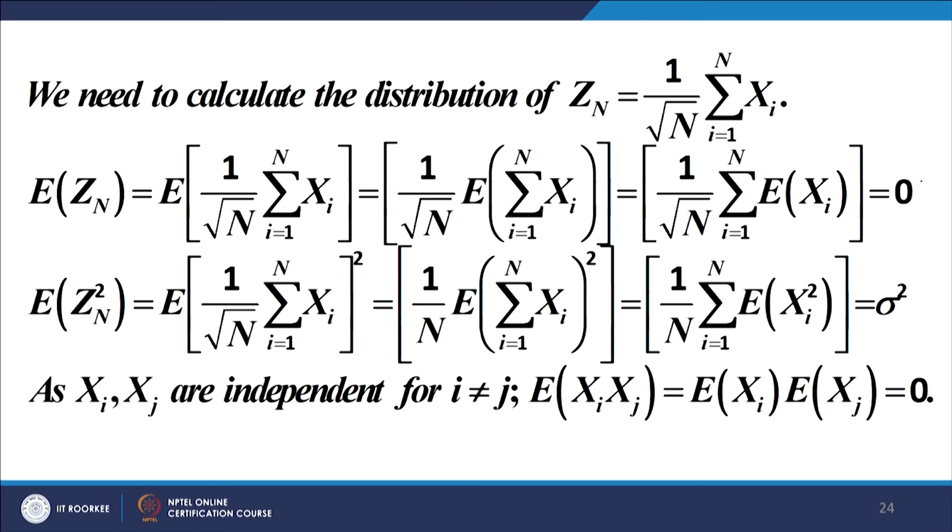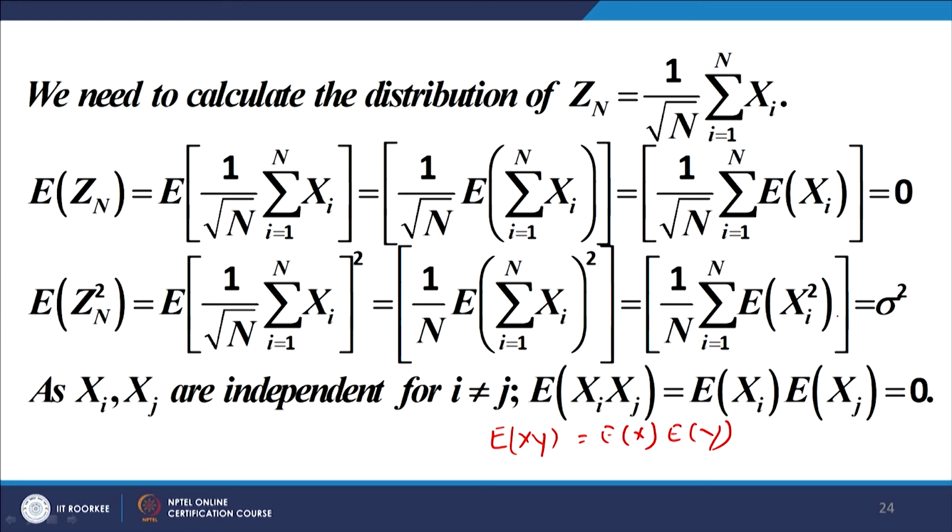Similarly, E of zn square, when you work it out, this part is straightforward. Now, because they are independent, we have E of xy is equal to E of x times E of y, and making use of this, we can write E of the summation as the summation of E of x1 square plus x2 square plus x3 square, plus the cross terms such as E of x1 x2, which can be written as E of x1 times E of x2.